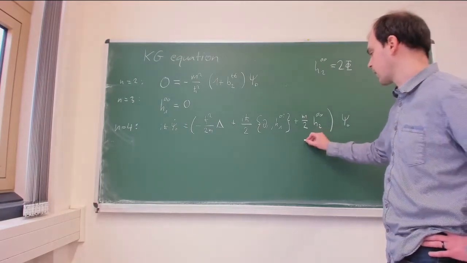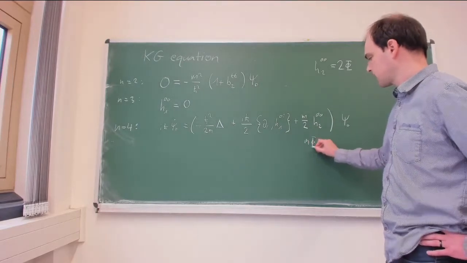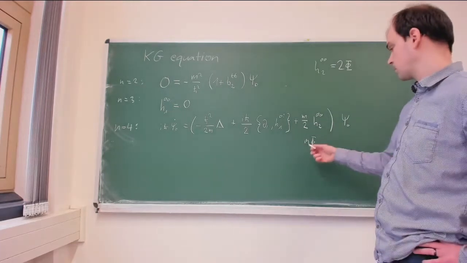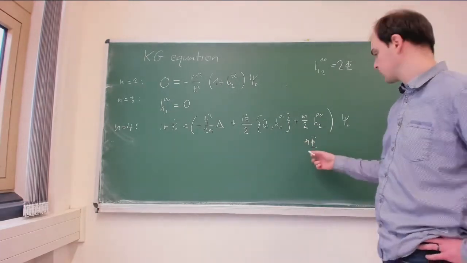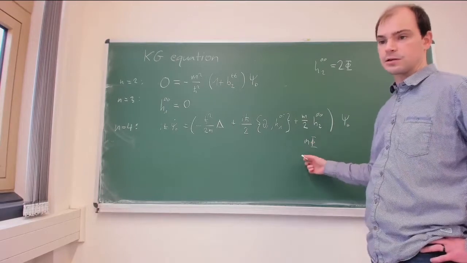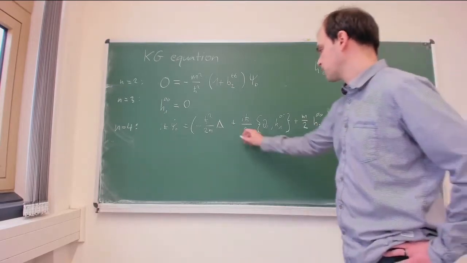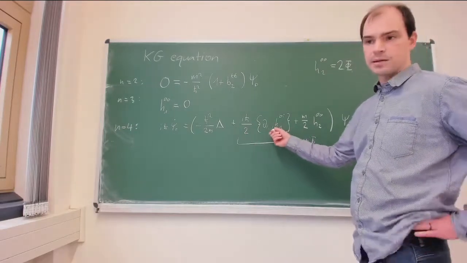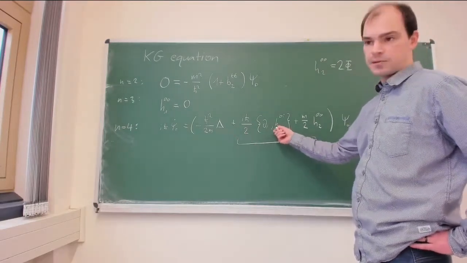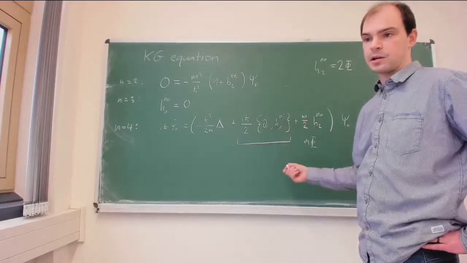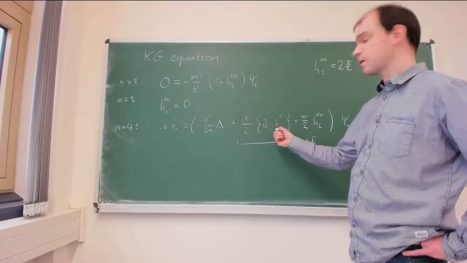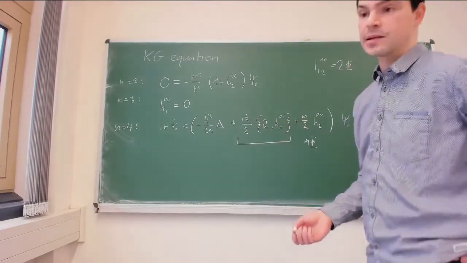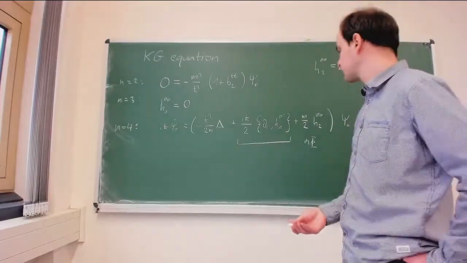So this is just m phi. So at the lowest, non-relativistic order, we find exactly what we had before: the Newtonian gravitational potential entering the Schrödinger equation. But we have an additional term coming from second derivatives of the off-diagonal elements of our metric. So if our metric is not diagonal but has off-diagonal elements, then we get these additional terms.